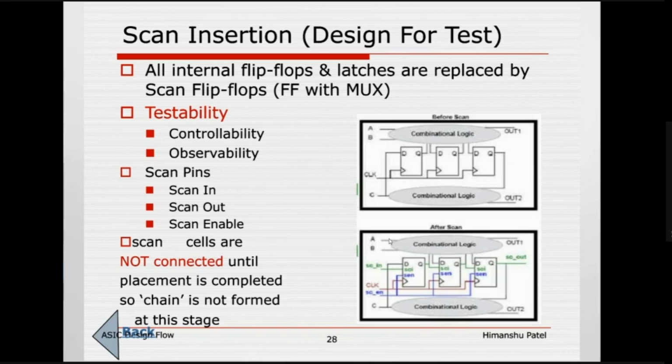Let's say stuck at 0 here. What is the value the tool has to give as input? If this node is stuck at 0, to prove that it is not stuck at 0, what is the value you have to give here? Anybody?